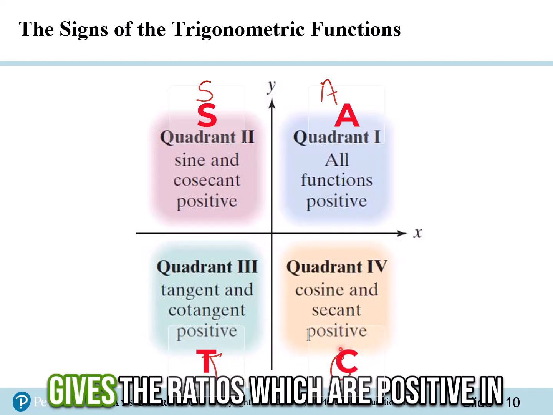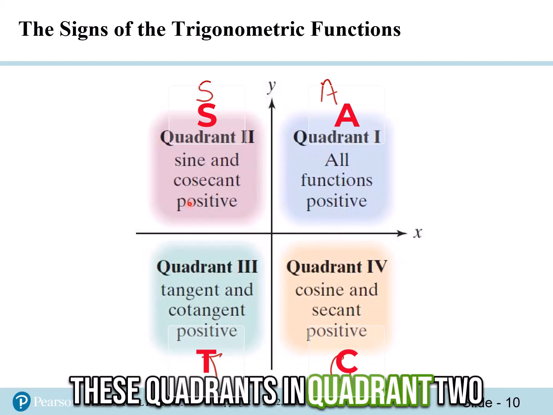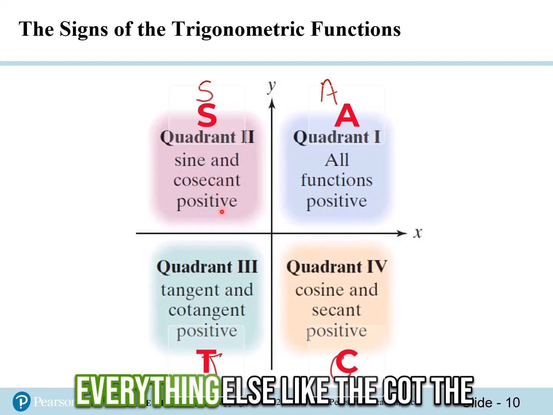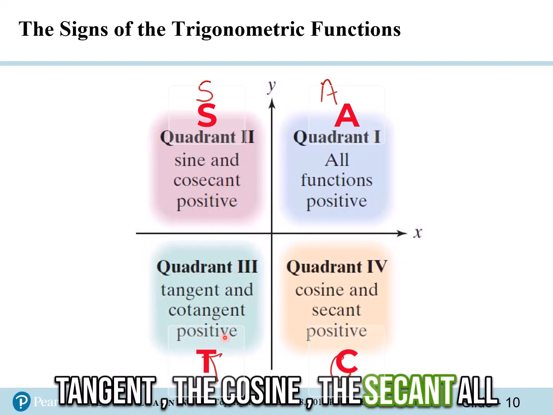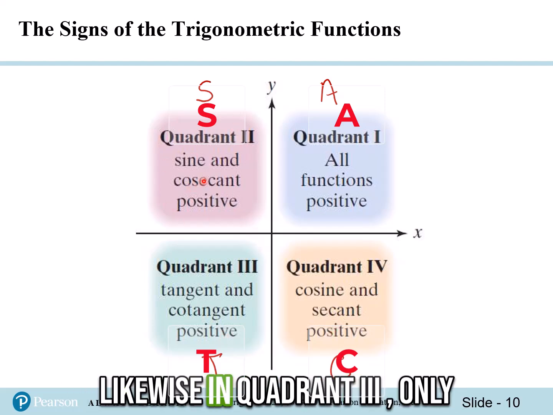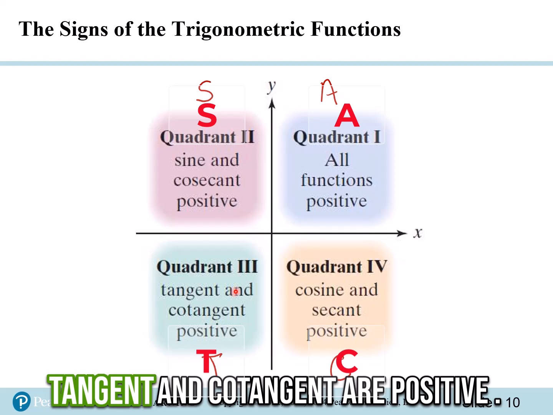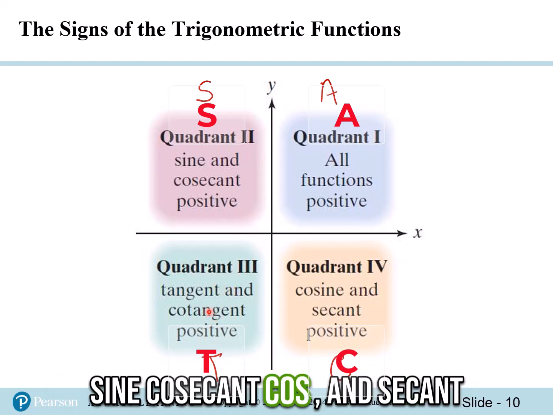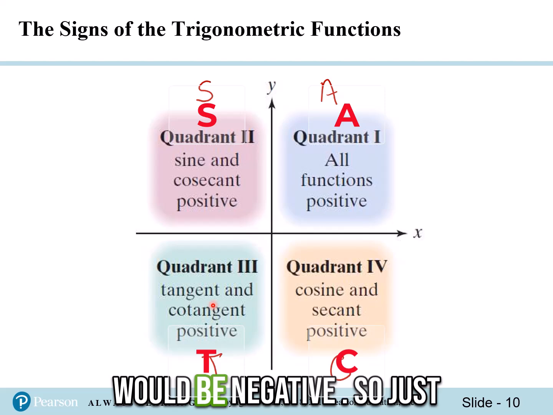This only gives the ratios which are positive in these quadrants. In quadrant 2, only sine and cosecant are positive. Everything else, like the cot, the tangent, the cosine, the secant, all would be negative in quadrant 2. Likewise, in quadrant 3, only tangent and cotangent are positive. Sine, cosecant, cos, and secant would be negative.